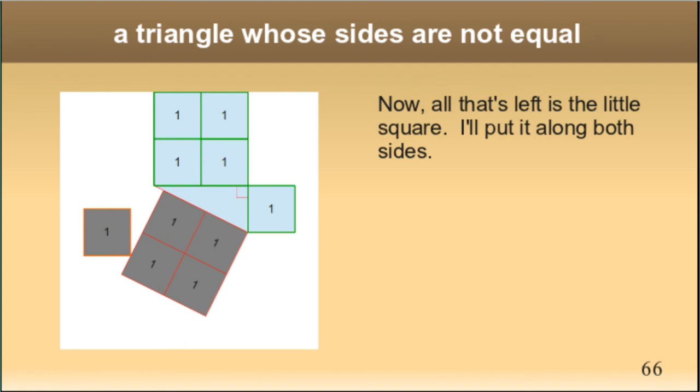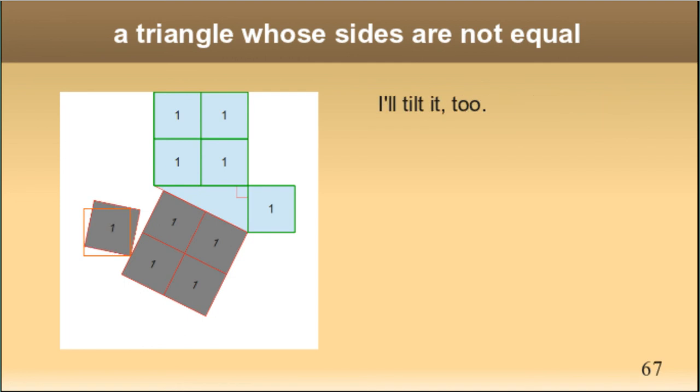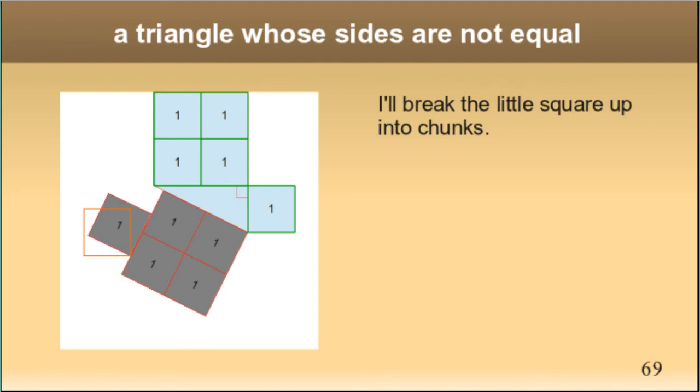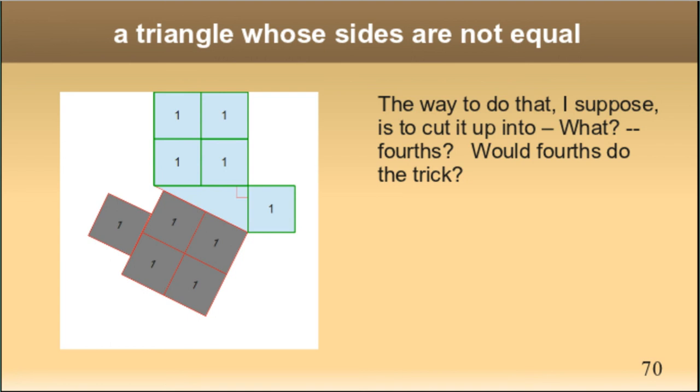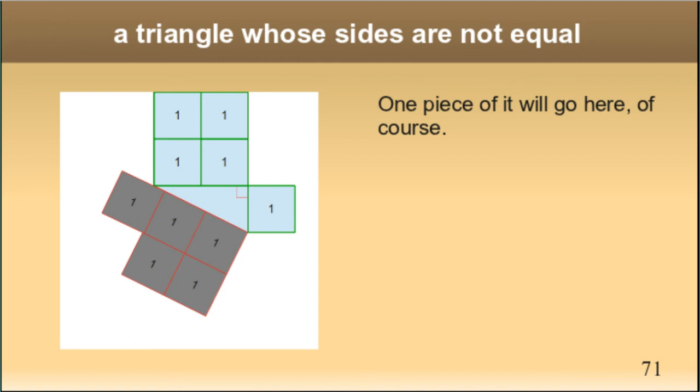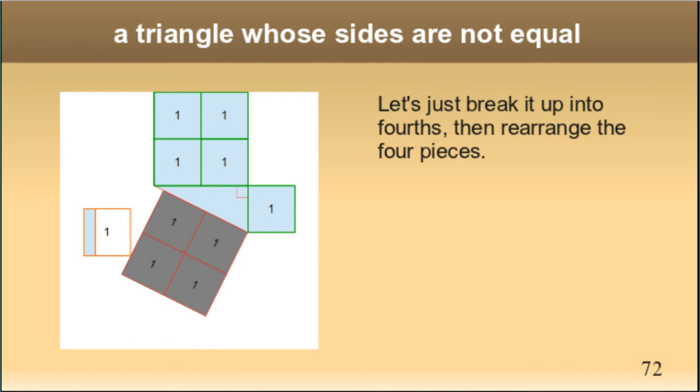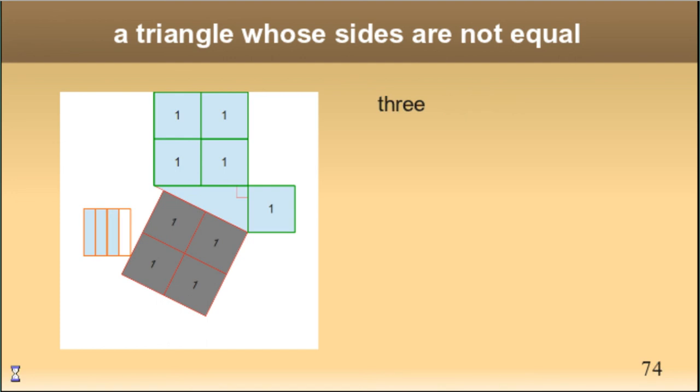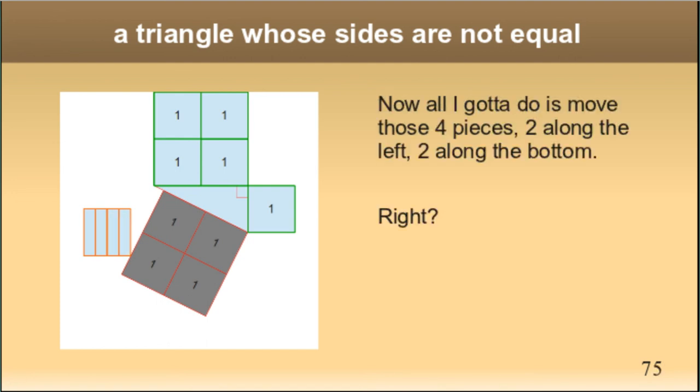Now all I got to do is the little square, and I have to put that along the sides, correct? I'll tilt it. I think I have to break it up into chunks. What should I do? Break it up into fourths? One piece is going to go here. But let me break it up into chunks, and then I'll rearrange those 4 chunks.